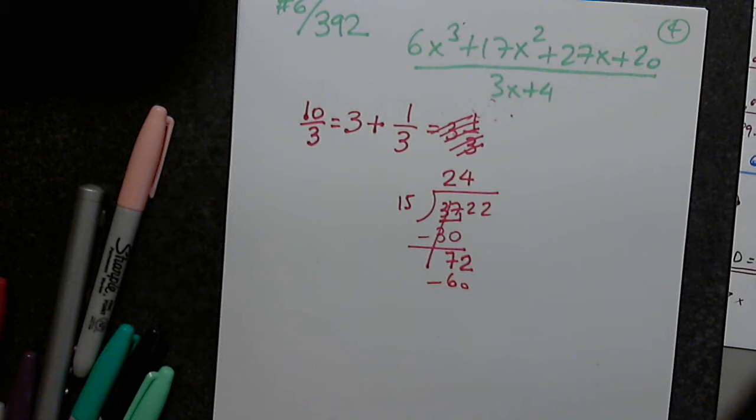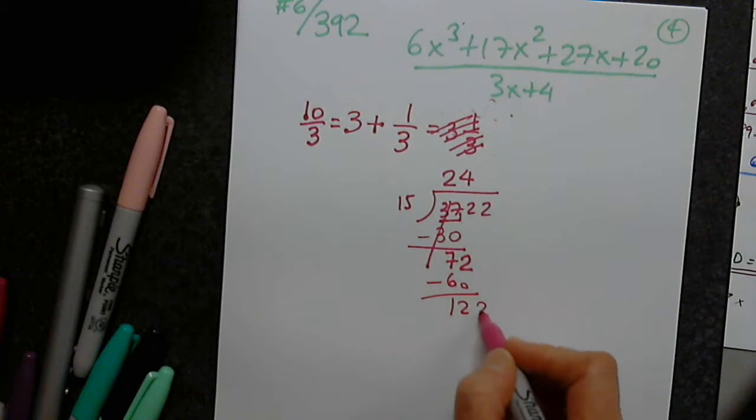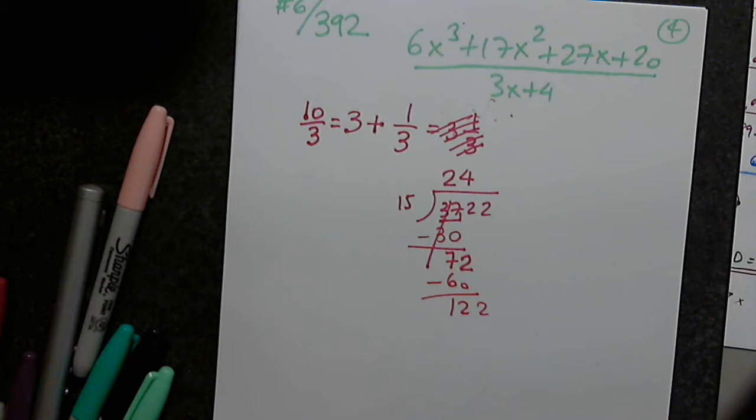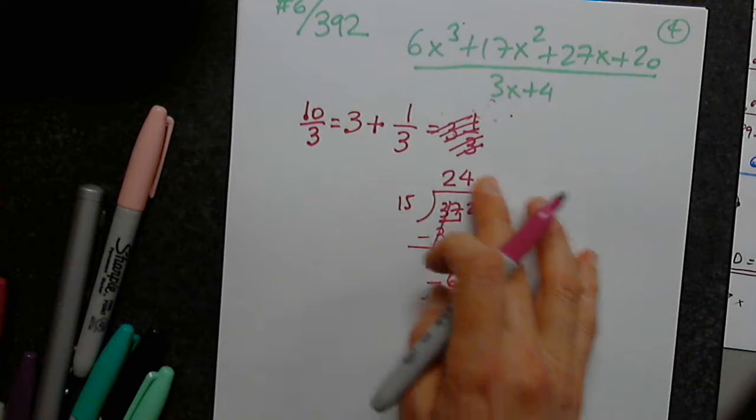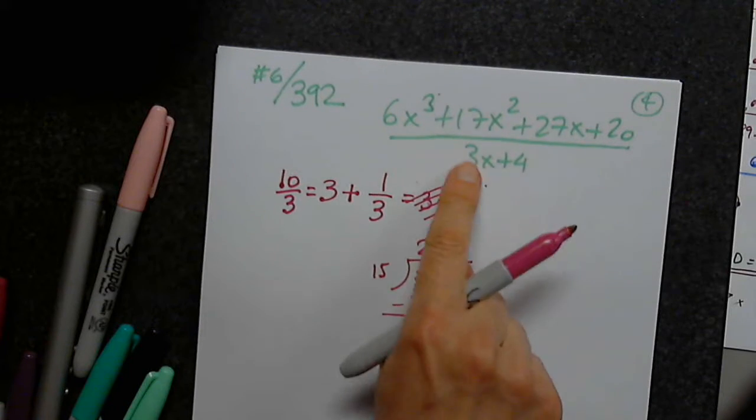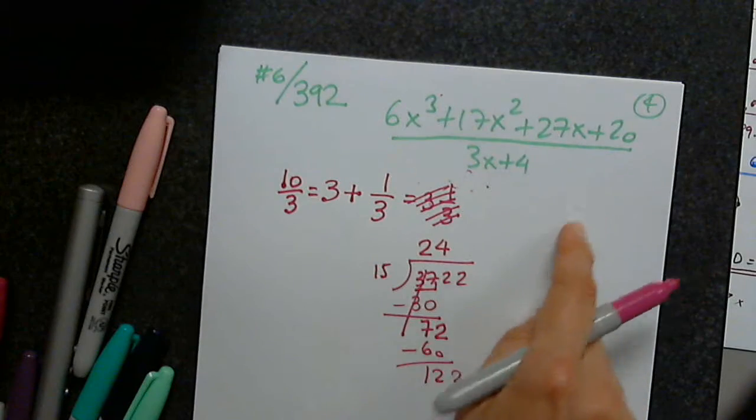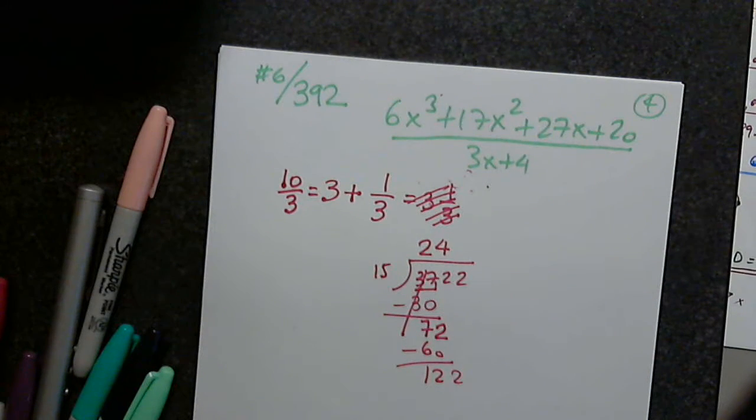I must change the sign every time I write underneath. Then I continue with 12, and I bring 12 in, and so on and so forth. This is exactly the same thing we're going to do with this, but of course it will look very sophisticated and way more difficult. Why? Because it has x in it.